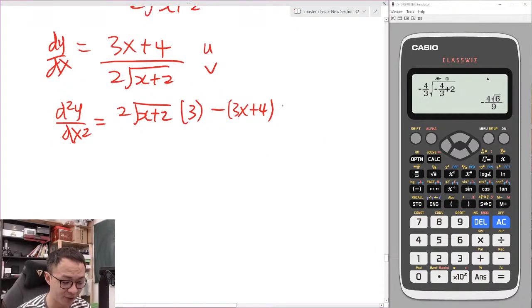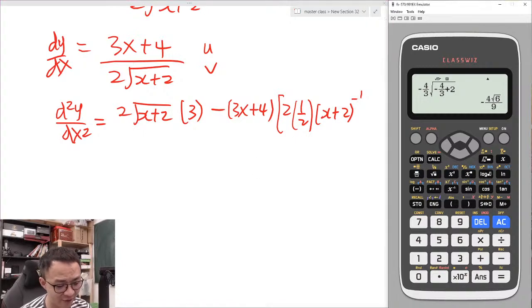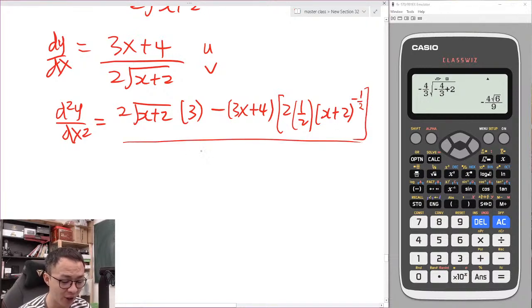So differentiate the v will be, okay, a lot of work. Okay, I will get half, and then this one will be x plus 2 negative half. This is power half, right? Minus 1, negative half. Over v squared. So v squared is 4 times x plus 2.